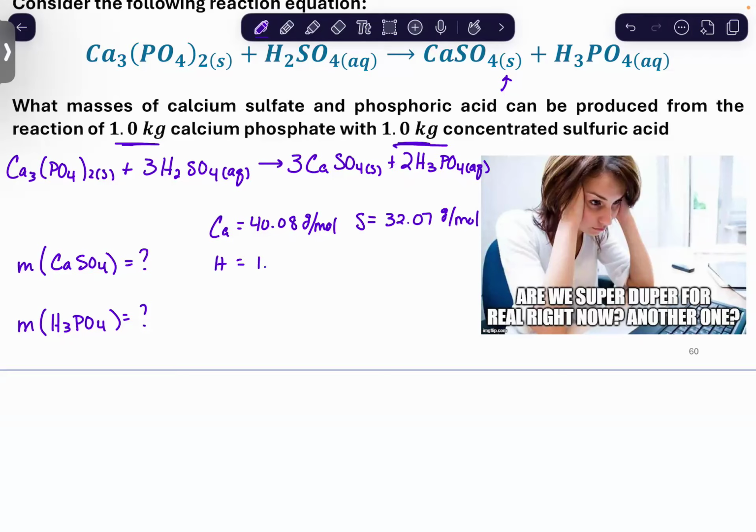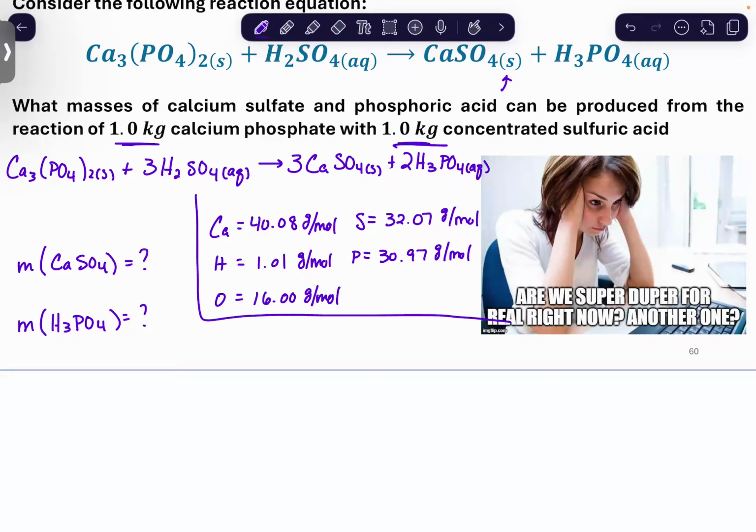Hydrogen, 1.01 grams per mole. Phosphorus, 30.97 grams per mole. And oxygen is 16 grams per mole. So again, when you're writing down your list of knowns, something that's always going to go in there are things that you should know that are not listed in the exercise. Those will always go in there.